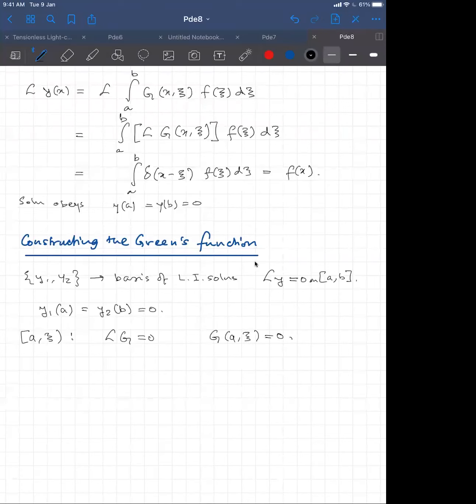But any homogeneous solution to L of y equal to 0, obeying y of a equal to 0, must be proportional to y1, with a proportionality constant that is independent of x. As we said, y1 and y2 are a basis of linearly independent solutions to this homogeneous problem, so this follows.